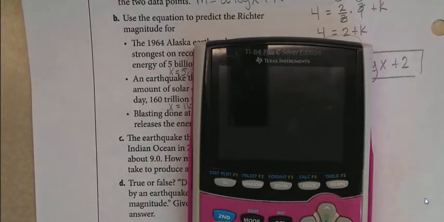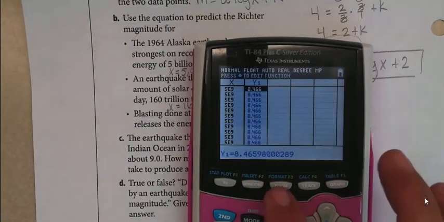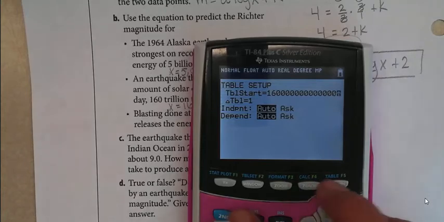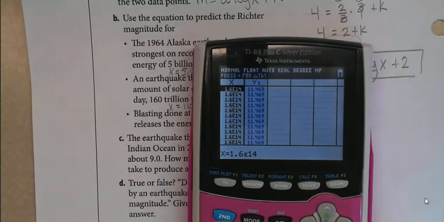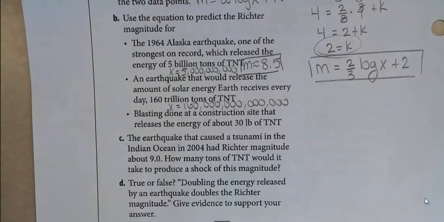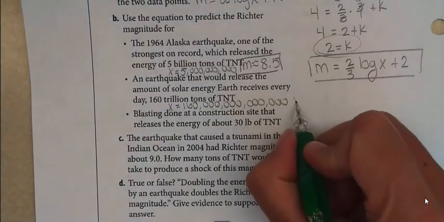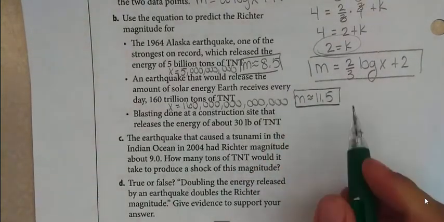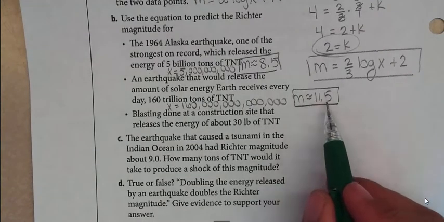So putting that into my calculator. Oh my goodness, that's huge. So approximately 11.5. That's huge. So that's one that's off the charts.